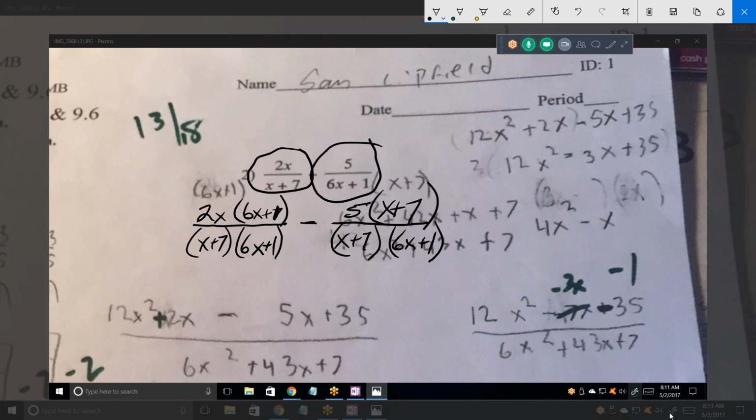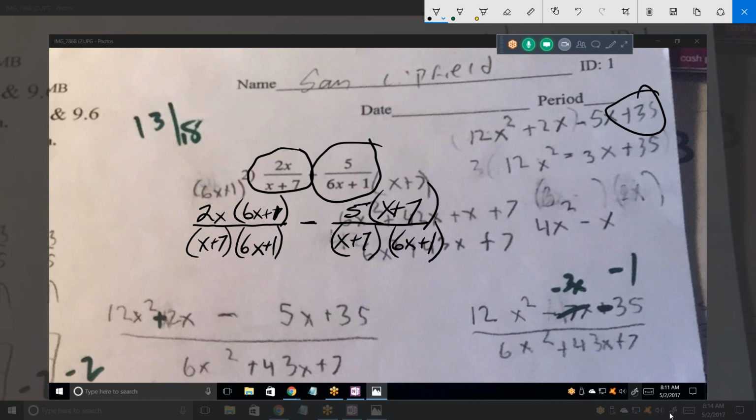This subtraction sign needs to be applied to the minus 5 or to the 5x that you're going to get and also to the 35 that you're going to get. So the 35 is going to be negative. And I can see up here that you've made it positive. Yeah. So that's where the mistake is. Same mistake as you made on the previous one.